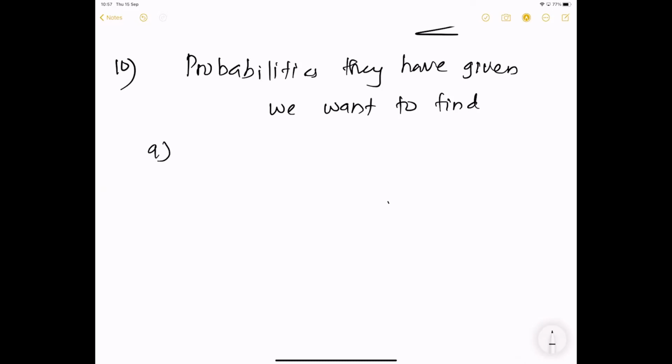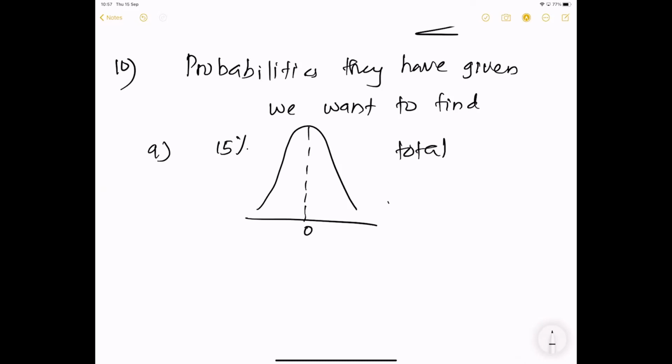The area, the probability, is 15%. As I mentioned earlier, the total probability under the curve is equal to 1. So we want to find 0.15.